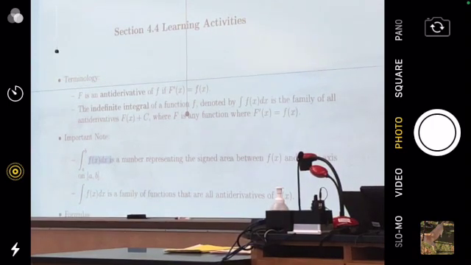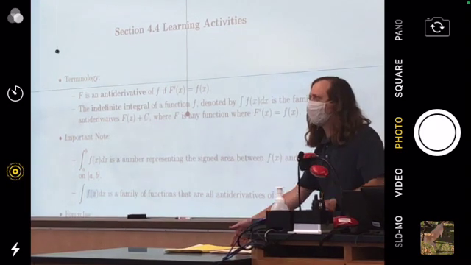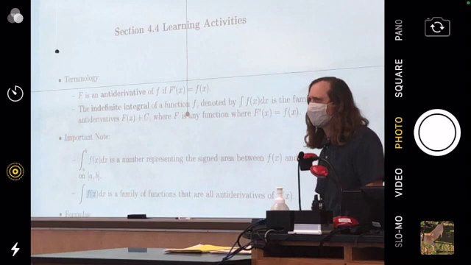Whereas if you don't use the integral a b, you don't put in the bounds, this represents the entire family of functions that would be all possible antiderivatives. So it's an antiderivative plus c, where c now gives you the whole family. One thing tells you a number, and another tells you not just one function, but all possible functions, the whole family of functions.